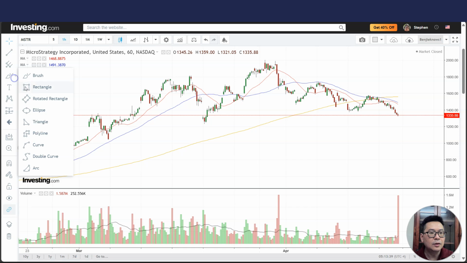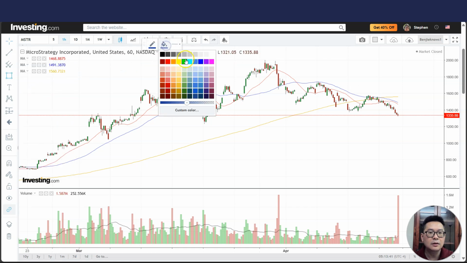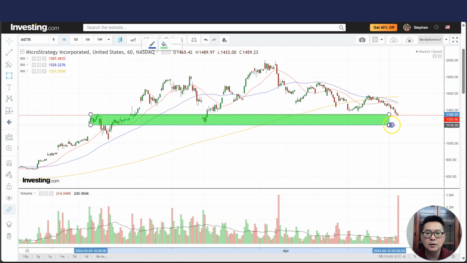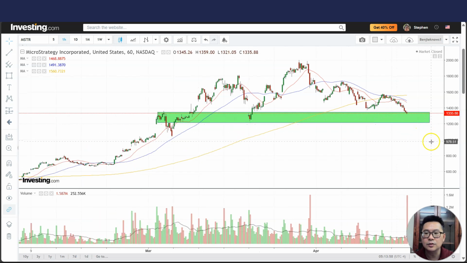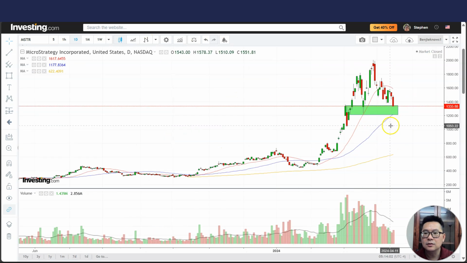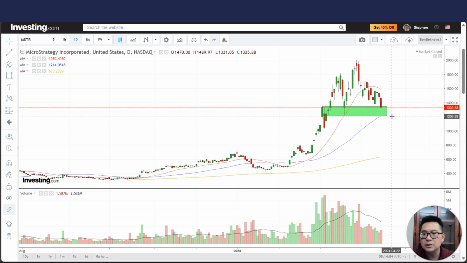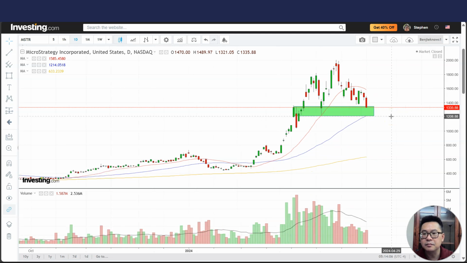Now, there is support here, but it's challenging the support area one more time. The second time it challenged the support, it managed to go up. But this time, if the support does not hold, it can erode and perhaps just drop way lower down to here, which is, I think, about this area, 1,200.